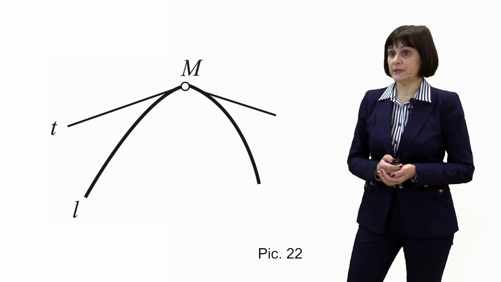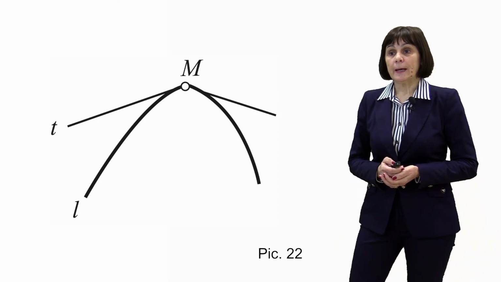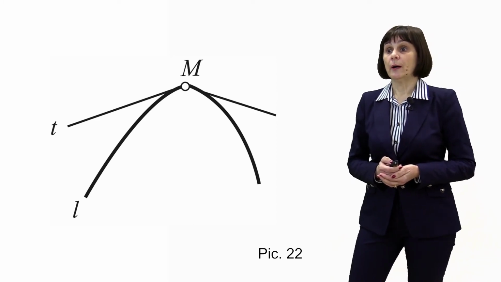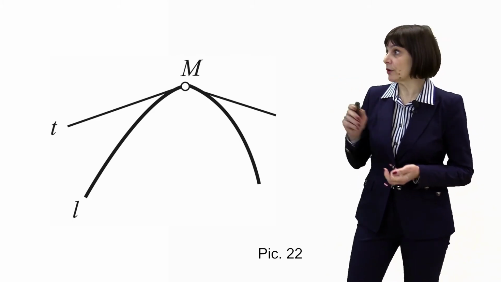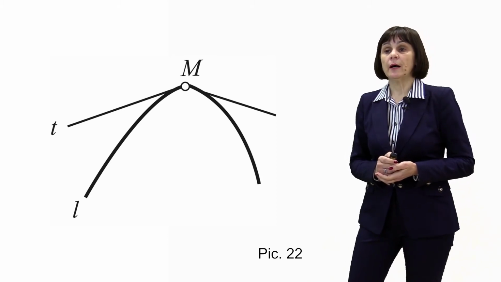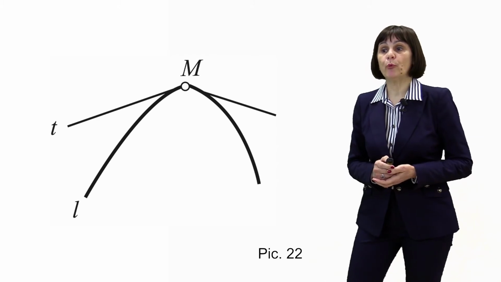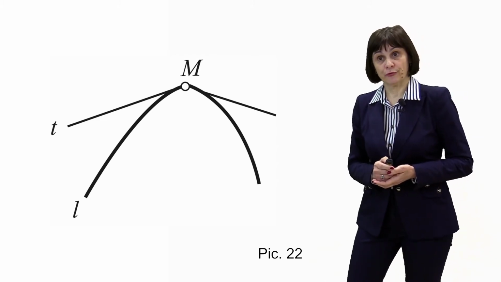The first property: if the point M belongs to the curve, as shown on our drawing, then the projection of this point belongs to the projection of the curve.